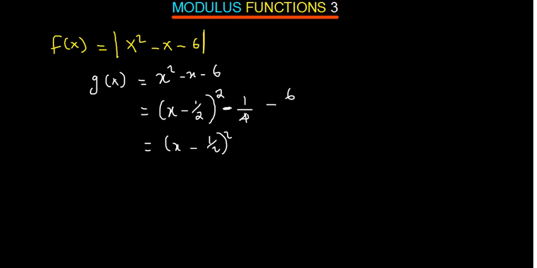And then if you add negative 1 over 4 minus 6, that is going to give you negative 25 over 4. Negative 25 over 4. Meaning that the turning point of this function, negative 25 over 4.